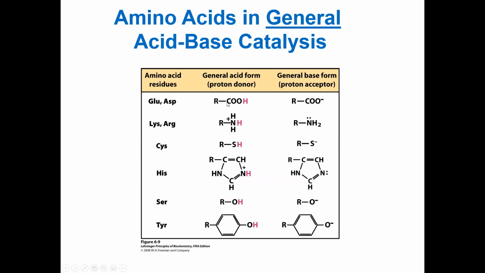It turns out that the side chains of many of these amino acid residues listed here can actually participate as general acid or general base, depending on which form they exist in the enzyme active site. Remember, pK can be dramatically altered in the enzyme active site. The pK of a group depends heavily on its environment.